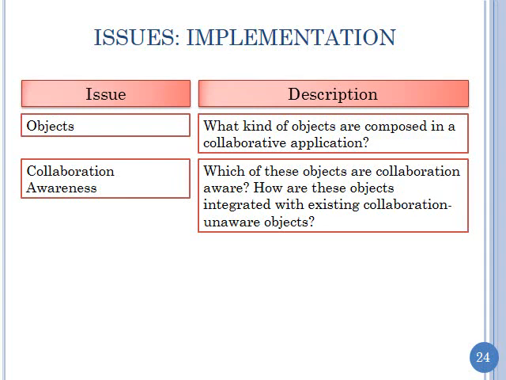So there's a whole spectrum of the application being completely aware, or all objects being completely aware, some objects being aware, some being transparent. I'm talking of application objects, and having all application objects be unaware, and it just be shared. You're sharing a debugger, you're sharing Word, remote desktop technology, which allows you to remotely access your desktop.